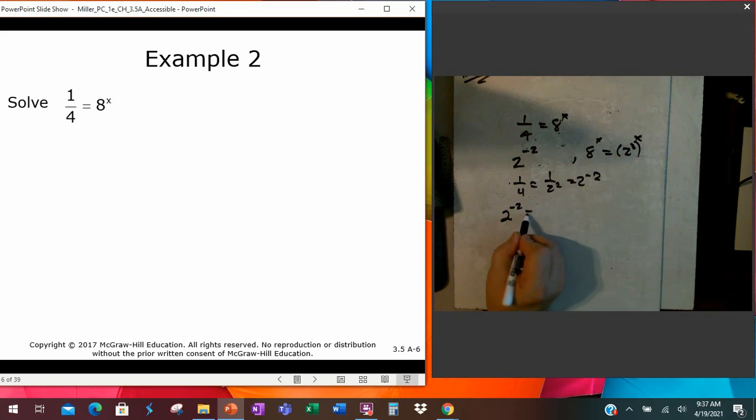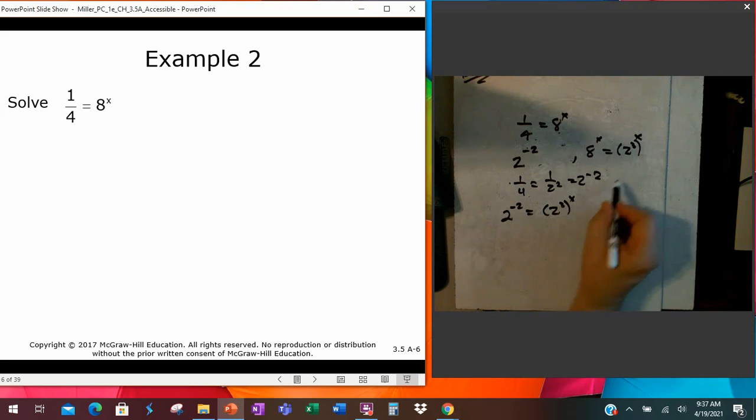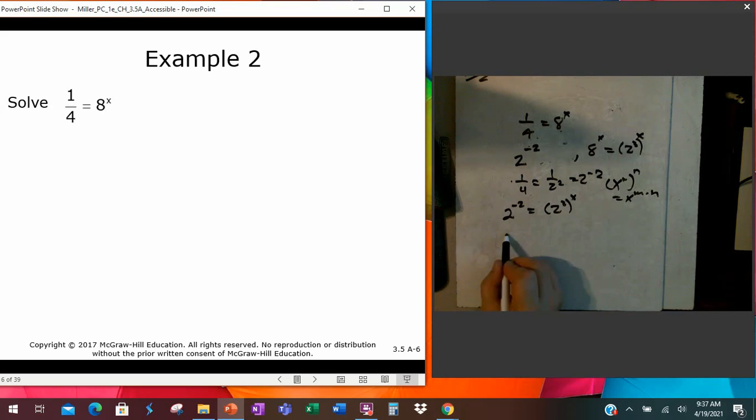Now that I've got the same bases, this is what I've got: 2 to the negative 2 equals 2 cubed to the x. Now I've got an exponent raised to an exponent, so I just multiply the exponents. So 2 to the negative 2 is equal to 2 to the 3x.